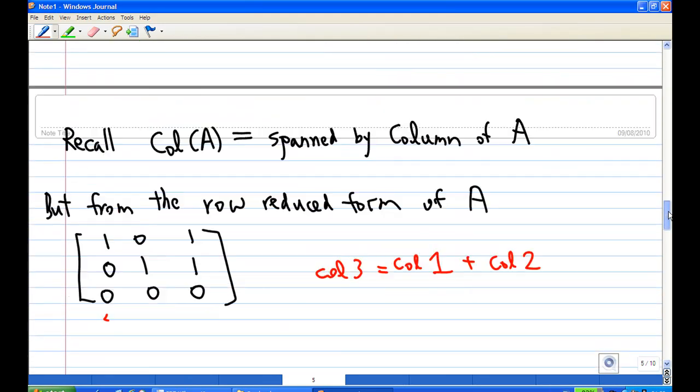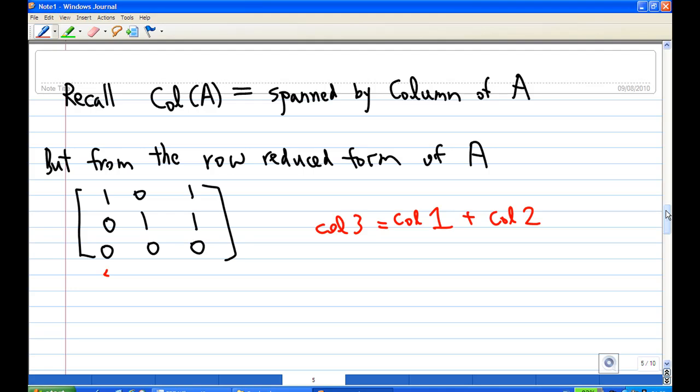And what is the column space of A now? Recall that the column space of A is spanned by the columns of A. From the row reduced form of A, we find that column 3 is equal to column 1 plus column 2 added together.